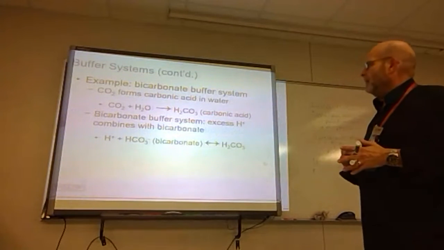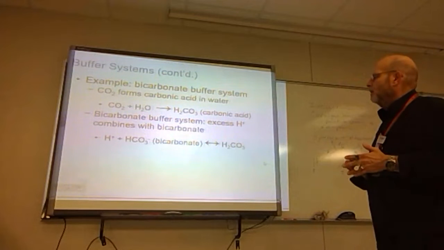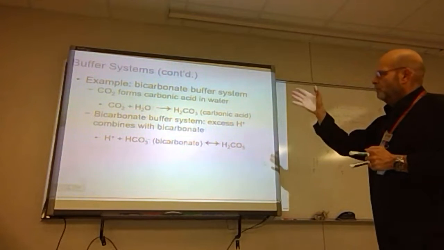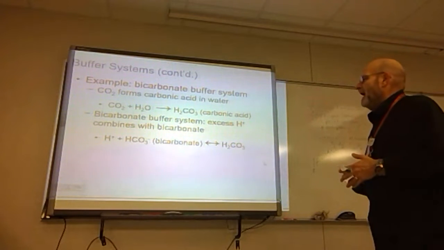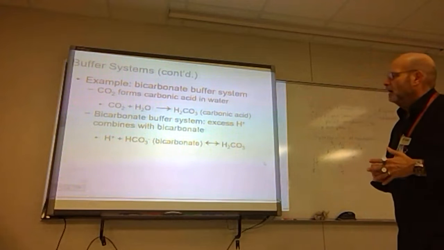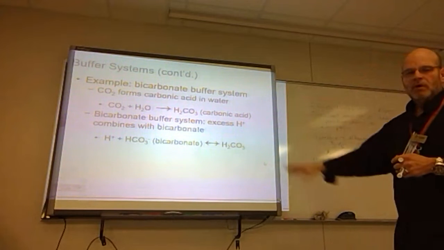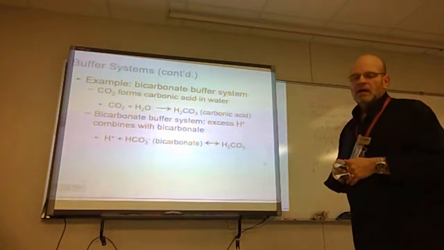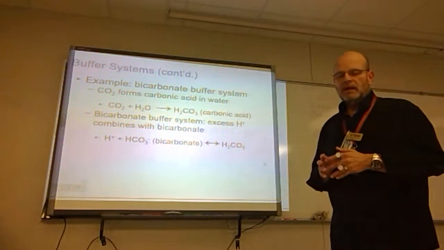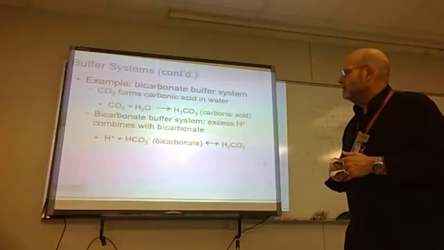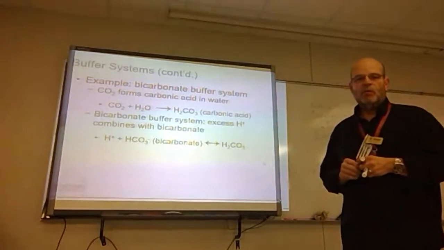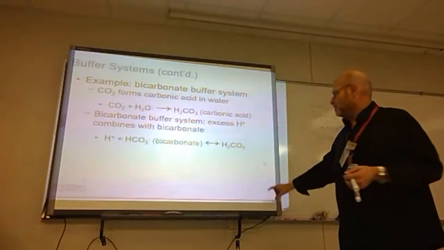Here's just an example: CO2 forms carbonic acid when you add it to water. The bicarbonate buffering system. Don't worry, I'll never ask you to complete these different chemical equations. Just know what a buffering system is. It's a way to control pH.